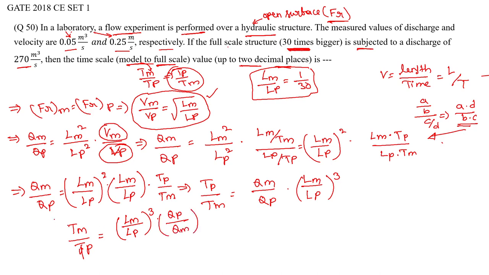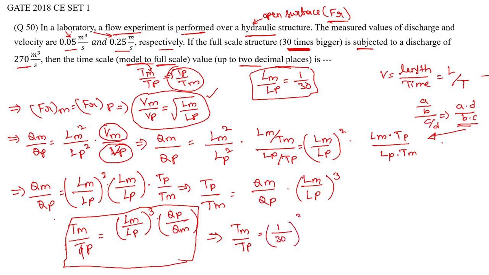Any way is fine, but don't get confused with any of these derivations. Final step: Tm by Tp equal to, what is Lm by Lp? 1 by 30 whole cube. Qp is 270 meter cube per second divided by Qm, 0.5 meter cube per second. So you get the answer as 1 by 5, nothing but 0.2. How many of you got the answer?